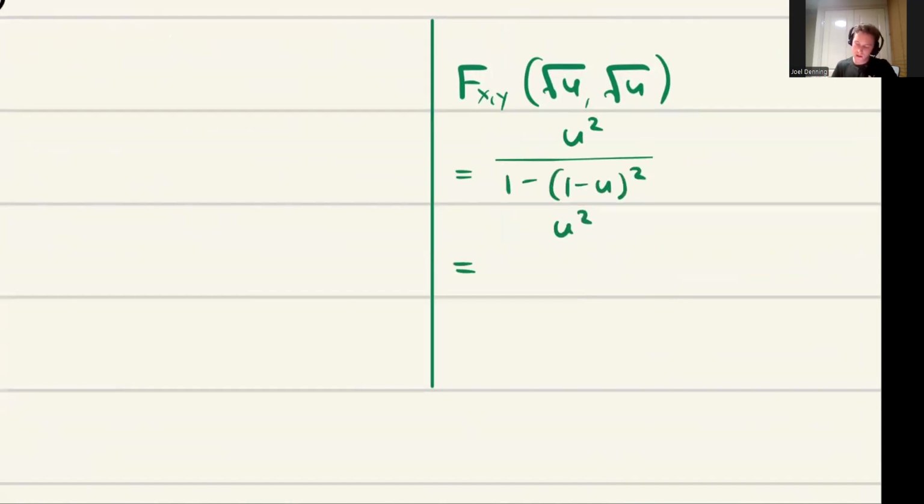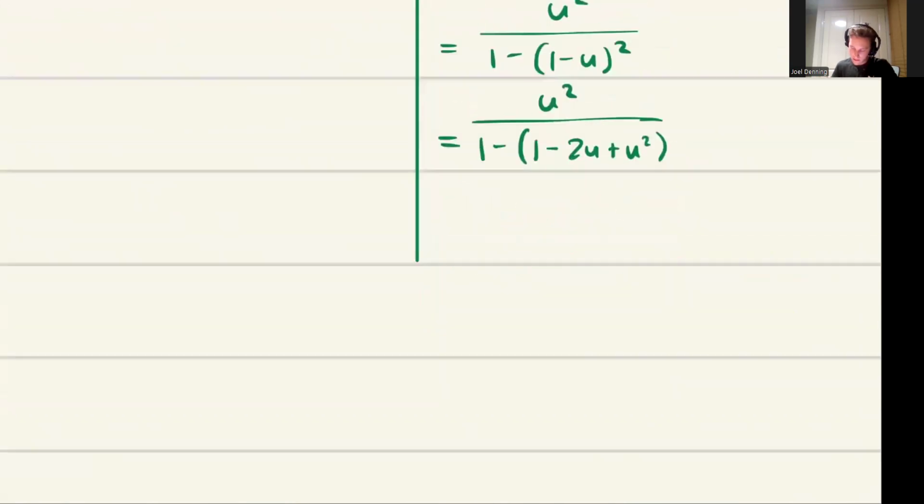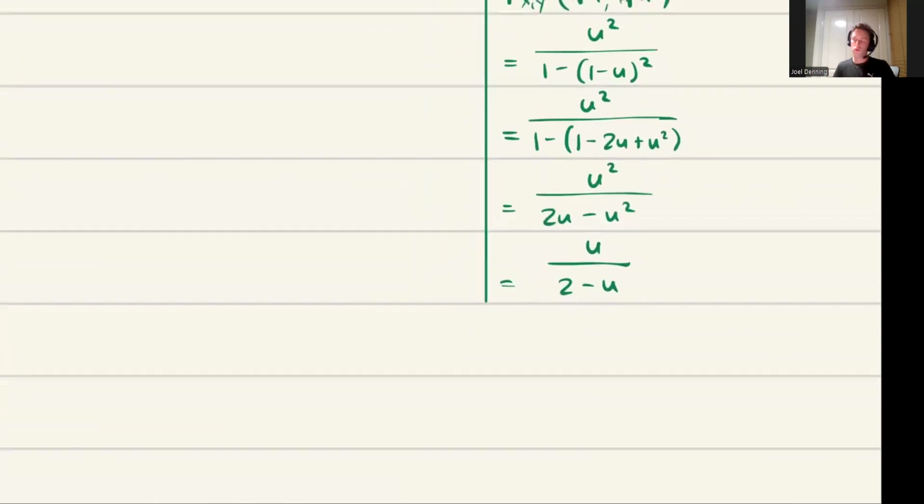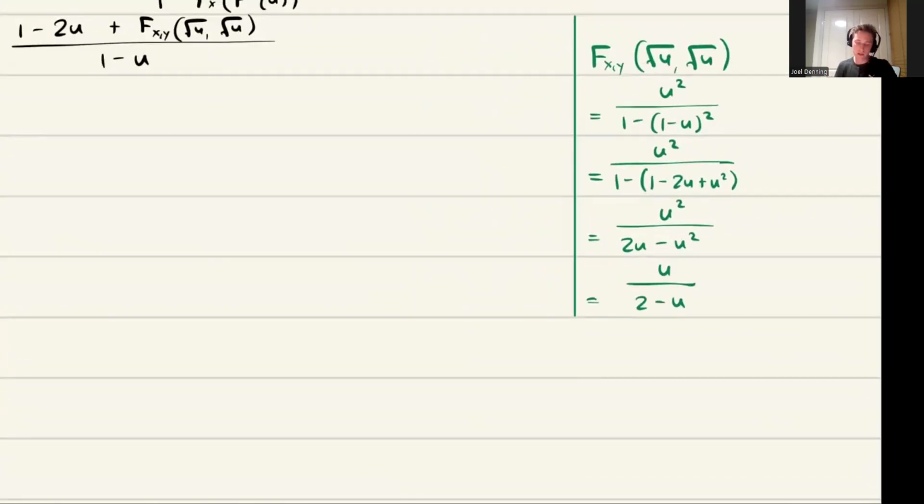Then I'm just going to expand at the bottom and simplify it a little bit before we keep going. It'll just make our lives a little easier. So those ones will cancel. And then you can see every term here has a u, so we can cancel a u. So overall, we just get this u over 2 minus u for now.